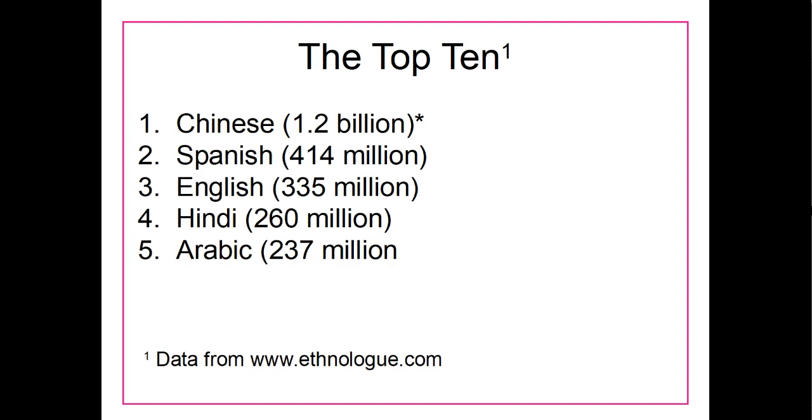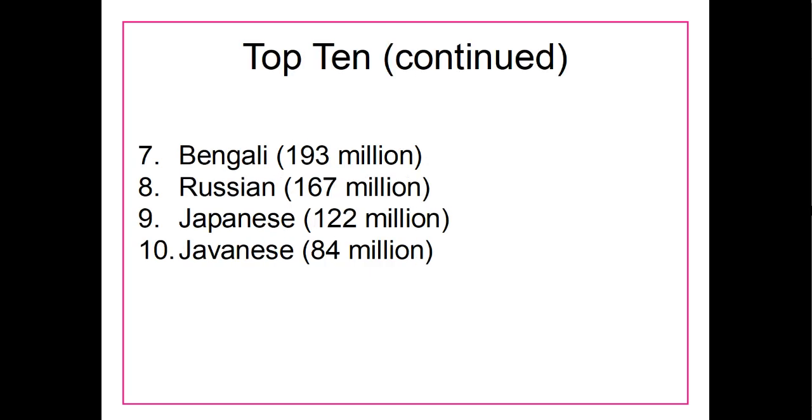Further in the top 10, we will see these languages: Portuguese, Bengali, Russian, Japanese, and Javanese. So a few more languages that are relatively well known. These top 10 languages all have quite a large number of speakers, in the many millions.